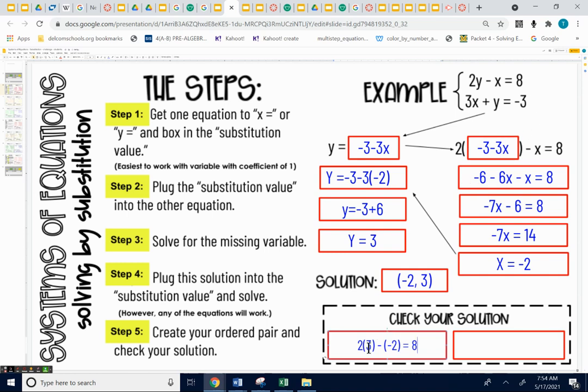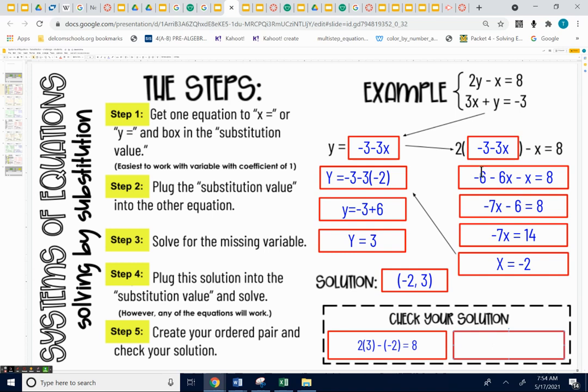Let me check that quickly. 2 times 3 is 6. 6 minus negative 2, which is the same as plus positive 2, gives me 8. So that equation checked out.